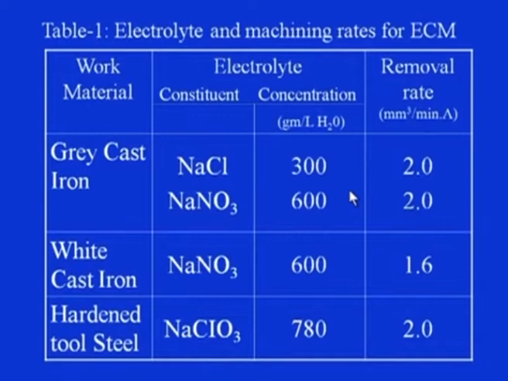Whereas for white cast iron and hardened tool steel, sodium nitrate and sodium chlorate are used with the concentration 600 and 780 gram per liter of water, and material removal rate for white cast iron is obtained as 1.6 millimeter cube per minute per ampere, whereas for hardened tool steel it is 2 millimeter cube per minute per ampere.